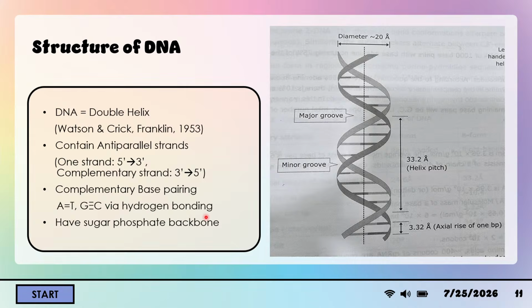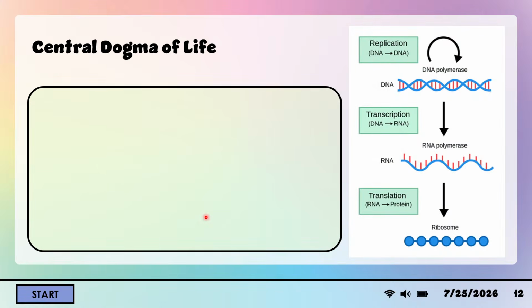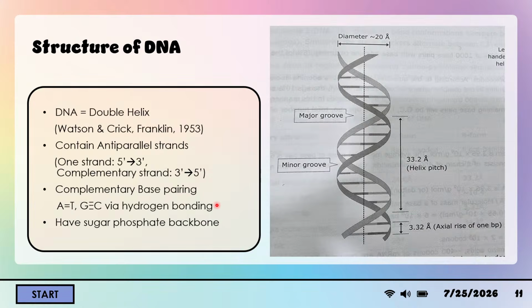And the important thing we discussed in the previous slide is that they have a sugar phosphate backbone. Now, I would like to discuss one more important component here: you should remember that the sugar phosphate backbone is present. Now, I would like to ask a question to the participants. Can anyone define what would be the charge on DNA if I am telling you that we have the phosphate backbone?